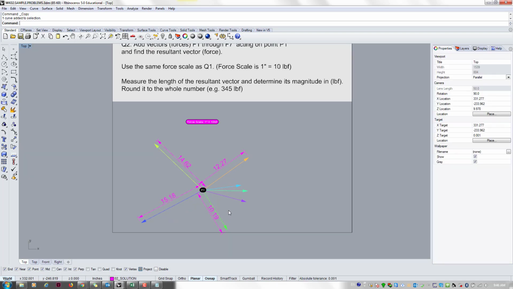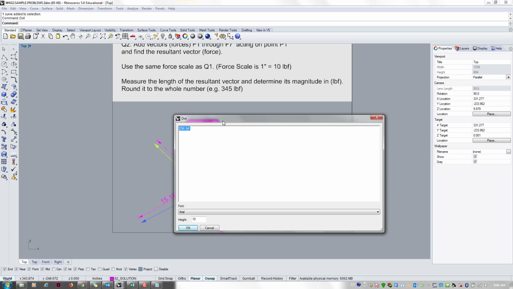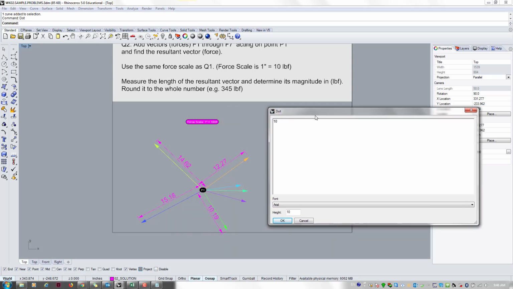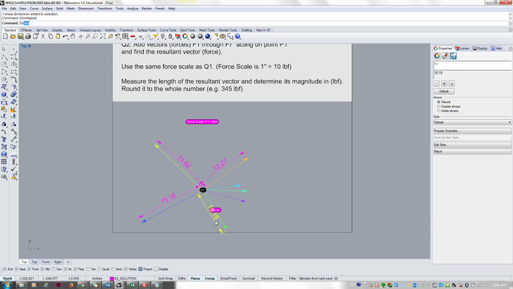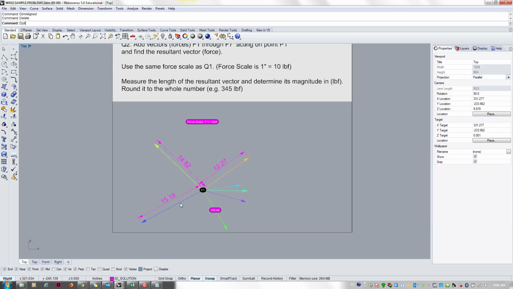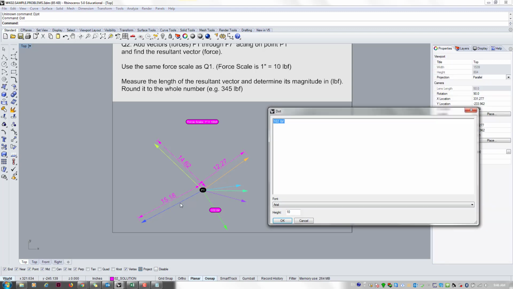This you don't really have to do, but just so you know, because this one is 10.19 inches, it would be 102 pound force, right? And this would be 152 pound force.